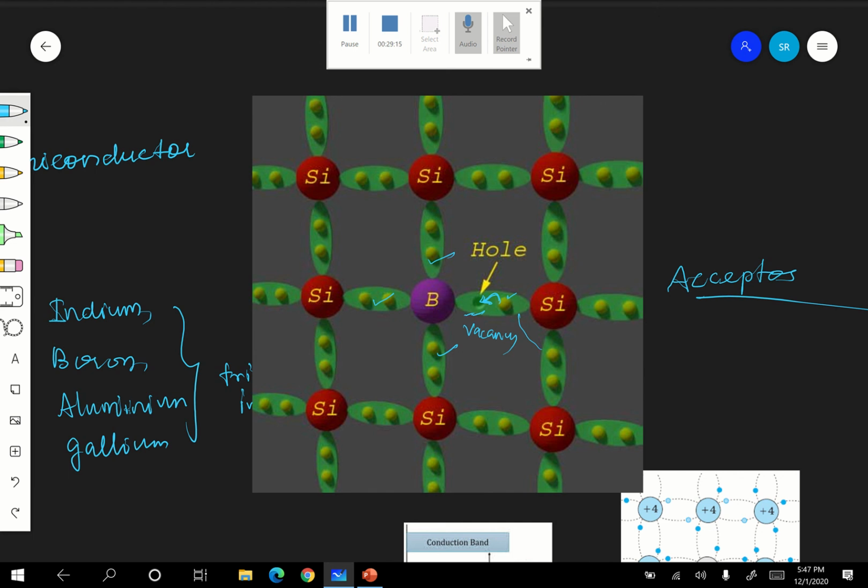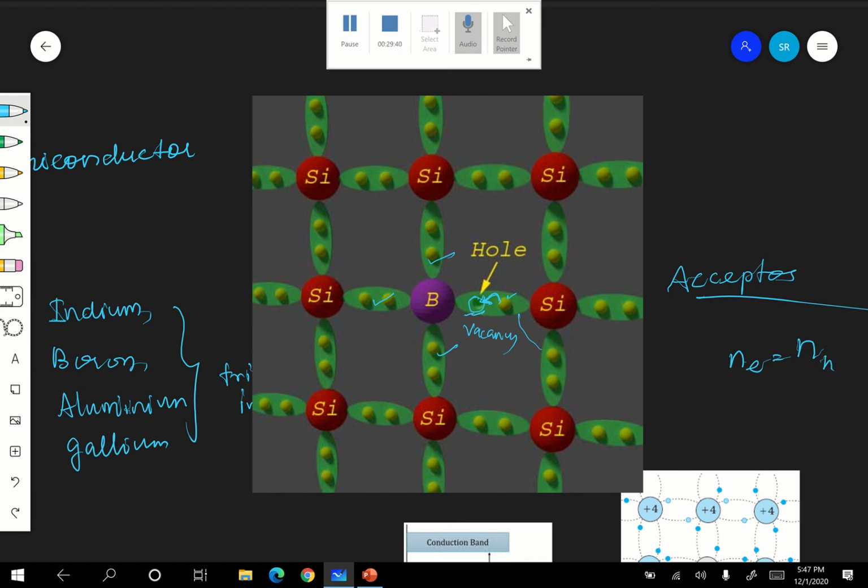So these holes will be associated with the valence band. Already there is the intrinsic characteristic Ne equal to NH. Why? Because at room temperature, some of the electrons from the valence band will jump into the conduction band.